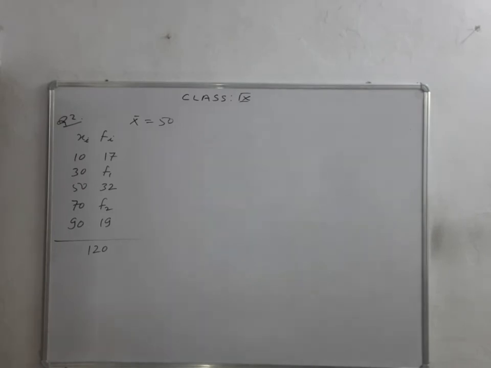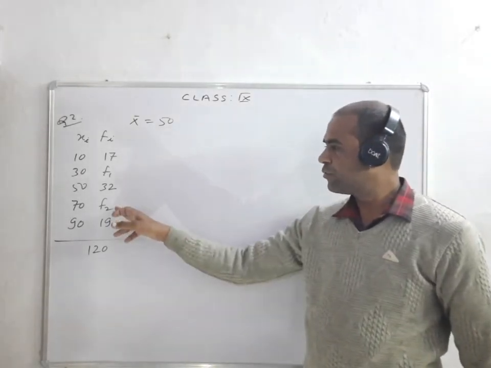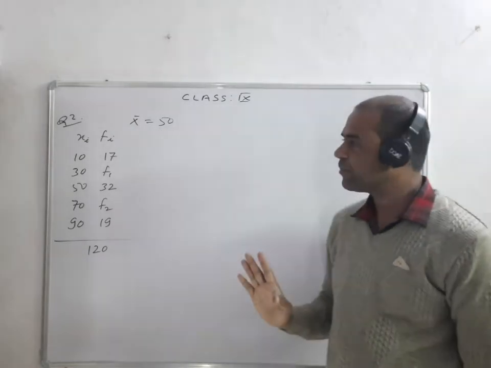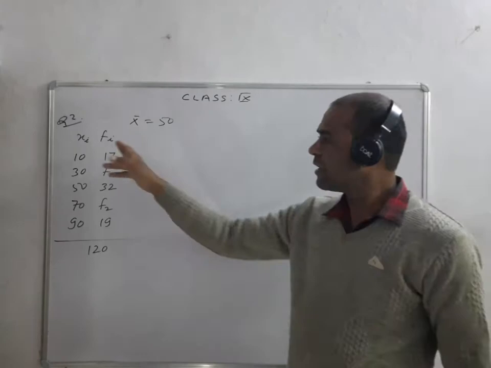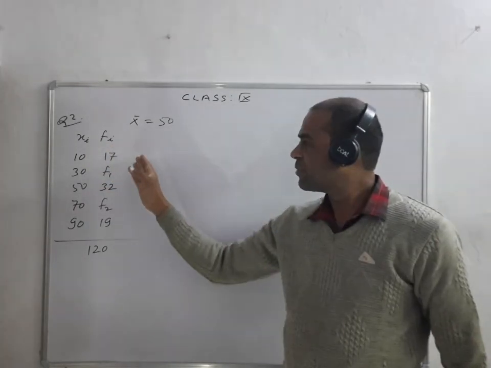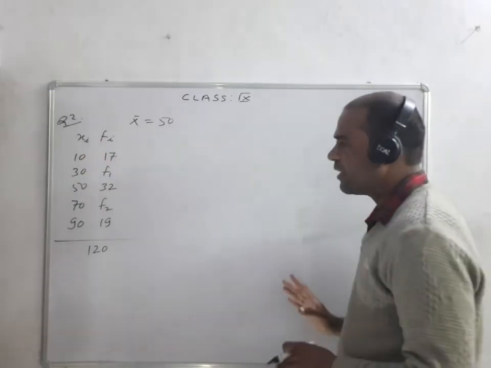Our next question is, find the missing frequencies f1 and f2 of the distribution whose mean is 50. Here the data are given, xi and fi. Fi is the frequency according to the given data.